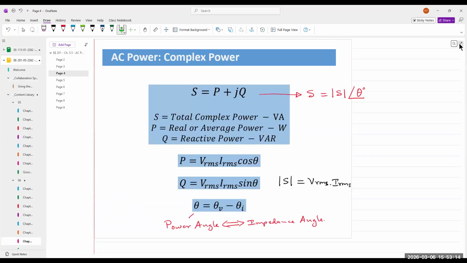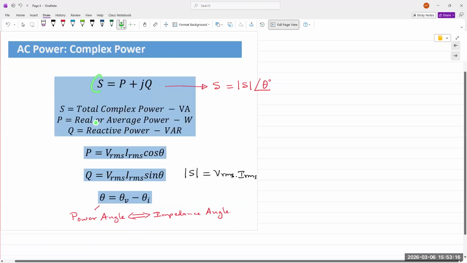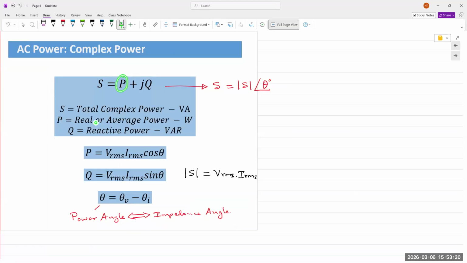Right here on this slide, P is the standard power, so watts. We already used that in chapters 1, 2, 3 so far. Only in AC, where we have reactive power, do we use volt ampere reactive. VAR stands for volt ampere reactive.